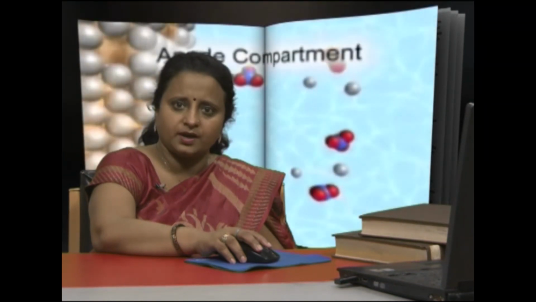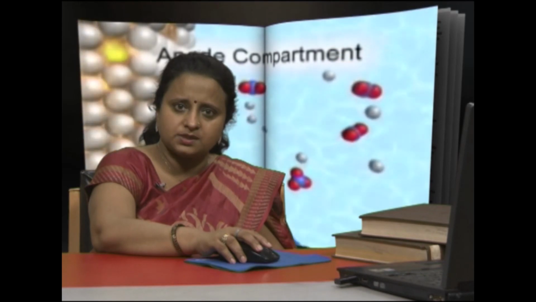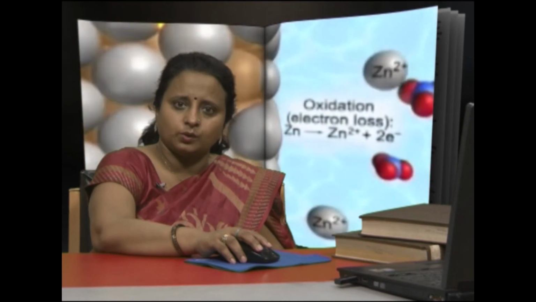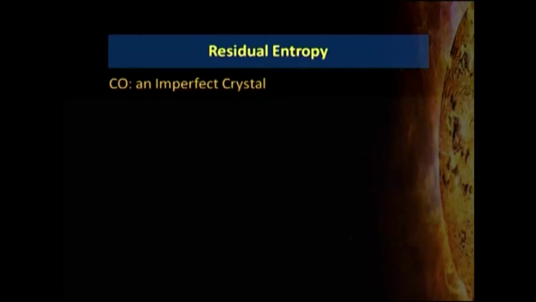As the carbon monoxide crystal is cooled to absolute 0, few of the carbon monoxide molecules have enough time to align themselves into a perfect crystal. That is, with all of the carbon monoxide molecules oriented in the same direction.